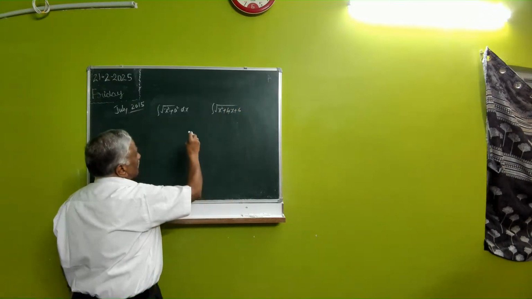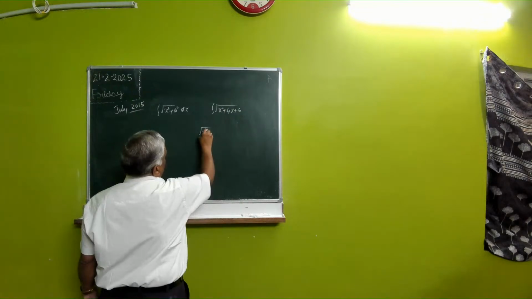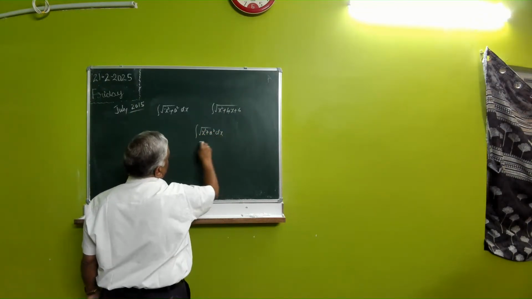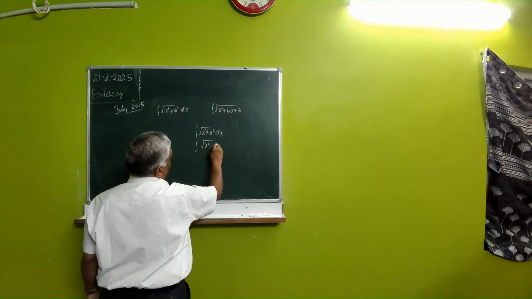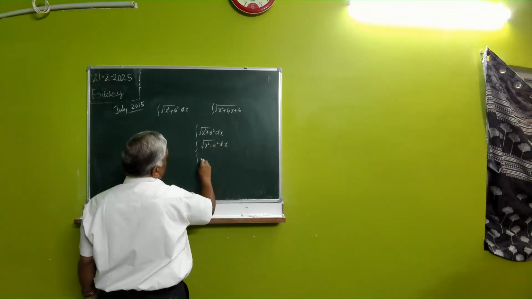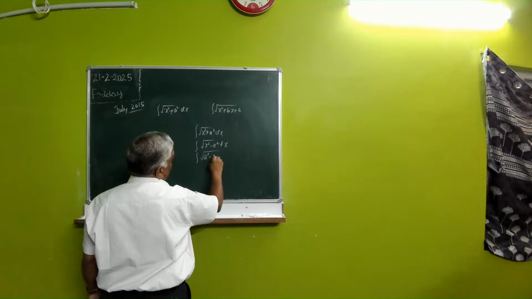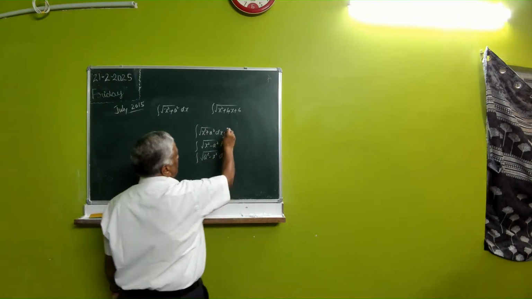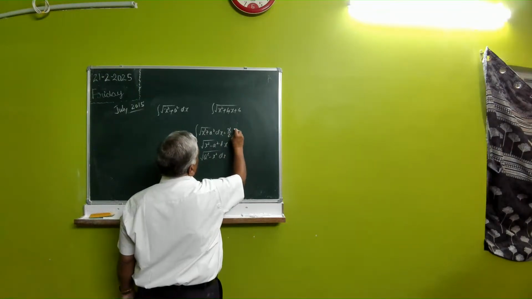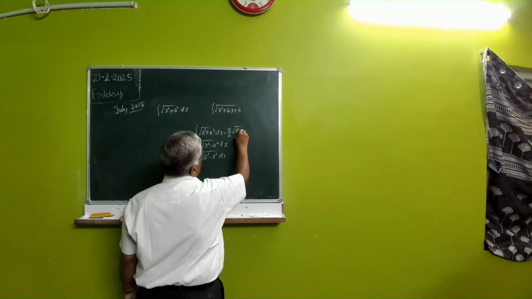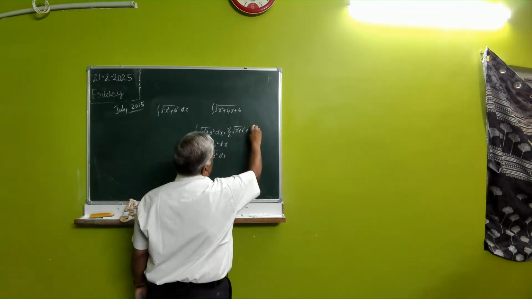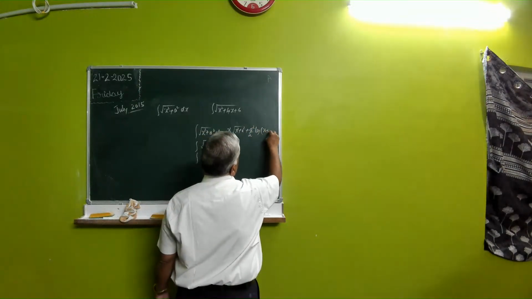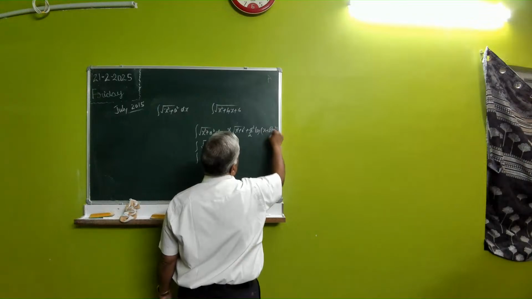So I have given you three integrals. One is x square plus a square. Other one is x square minus a square. The next one is a square minus x square. What is the answer for this? x by 2 into root of x square plus a square plus a square by 2 log of x plus root of x square plus a square.